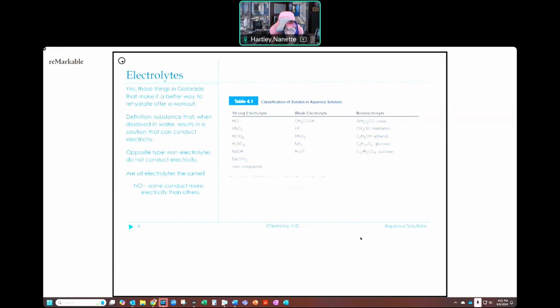So strong electrolytes, weak electrolytes, non-electrolytes, and you may see some questions about whether they're strong electrolytes, weak electrolytes, or non-electrolytes. You will see there are some tables in your exam handouts where we talk about some of these things. Let me pull those. Where are they?